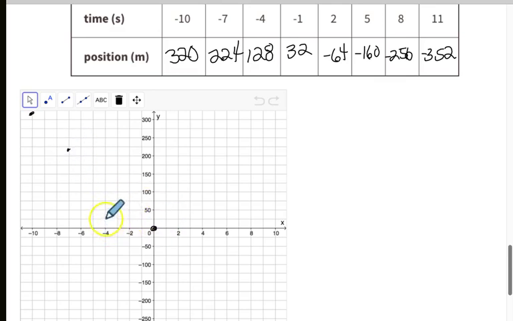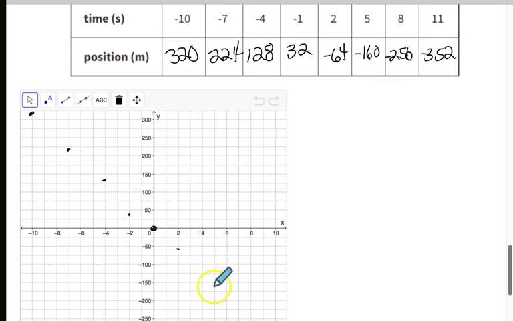So I'll continue to plot these. And notice it's starting to trend in a line. It has a constant rate. Remember that we talked about constant rates, and that makes somewhat of a straight line, but I don't have all of the points, so I can't be exact when I'm plotting.